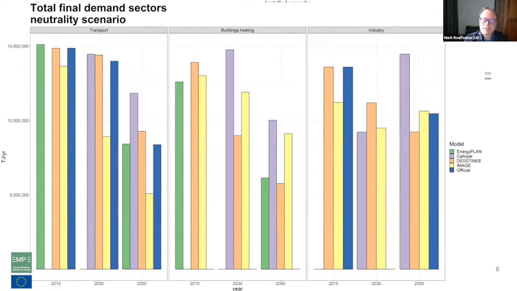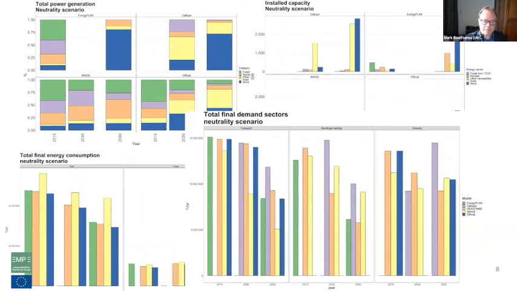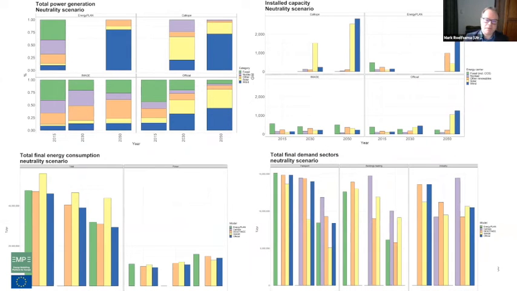So that's things we have to look into in more detail, but these are our interesting first insights. In the industry, it's relatively the same. Only Calliope has fully decarbonized their feedstock, so they have a high energy demand in this sector in 2050.